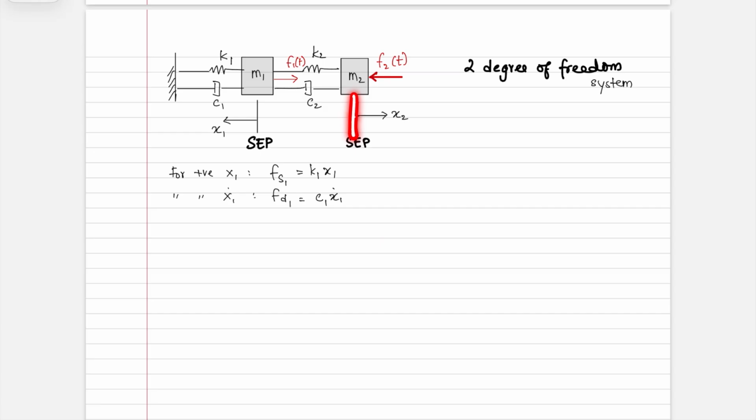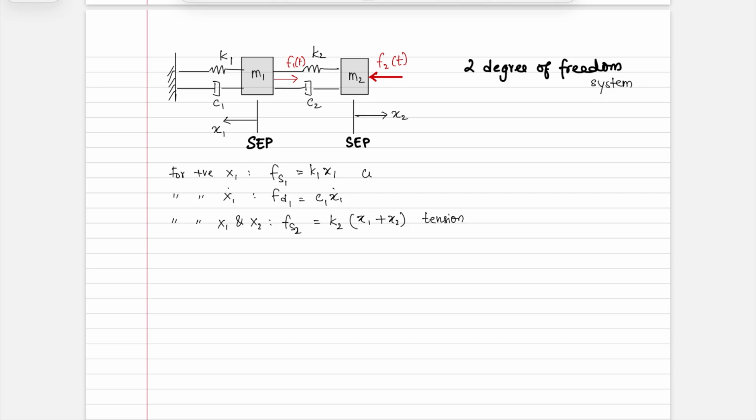In this case, you have both x2 and x1 affecting them. If both of them are positive, then this spring is definitely in tension. So for positive x1 and x2, you can say Fs2 is equal to k2 times what would be the net deflection from the equilibrium position. This has moved to the left by x1, this has moved to the right by x2, so it would be x1 plus x2, and this would be in tension.